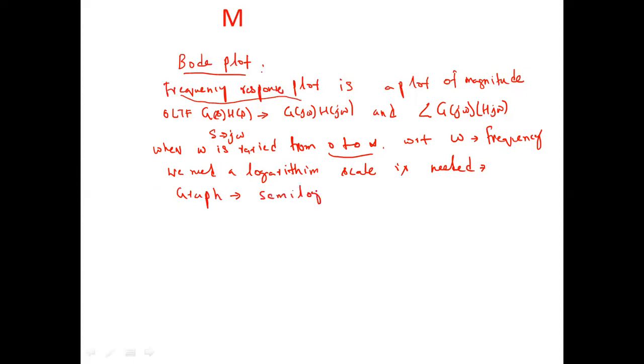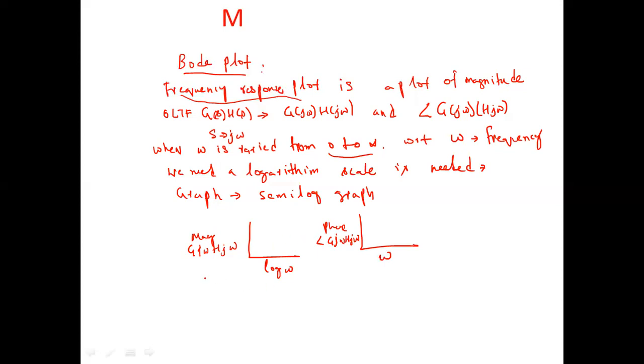So in the semi-log graph you have the plot of magnitude, that is |G(j omega)H(j omega)| versus the log values of frequency, and your phase angle, that is angle of G(j omega)H(j omega) versus log values of frequency.